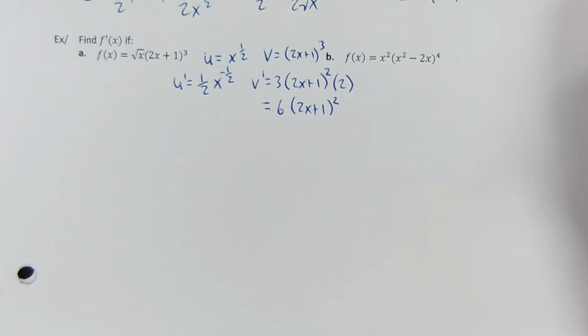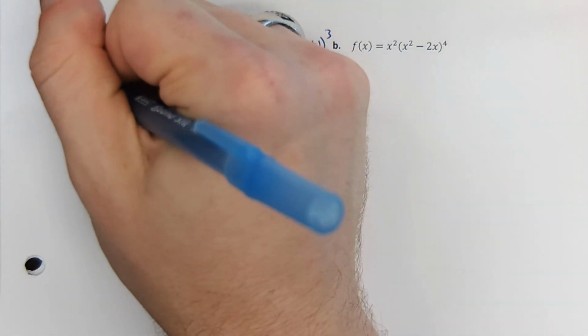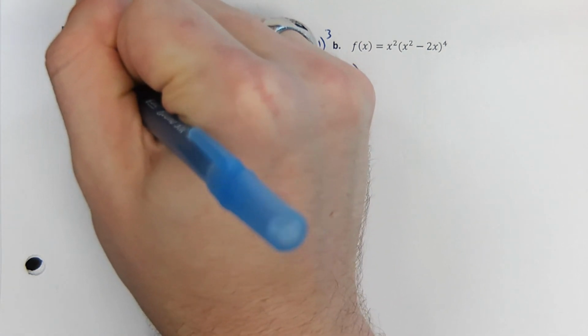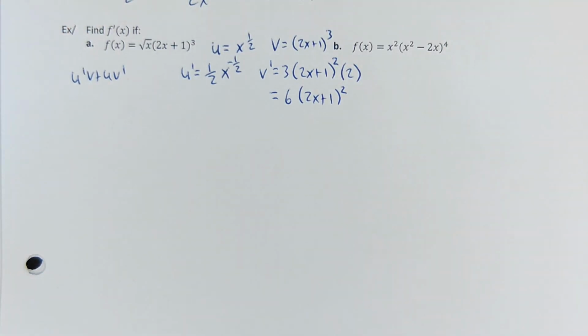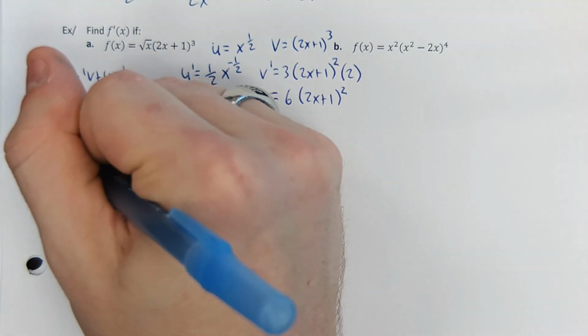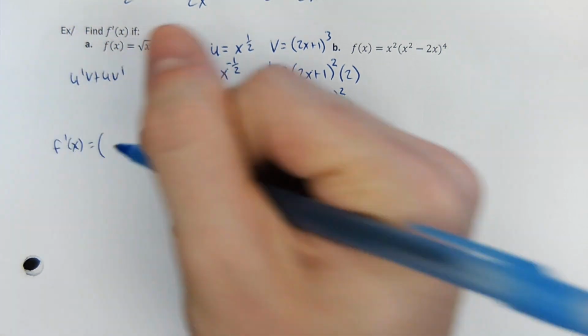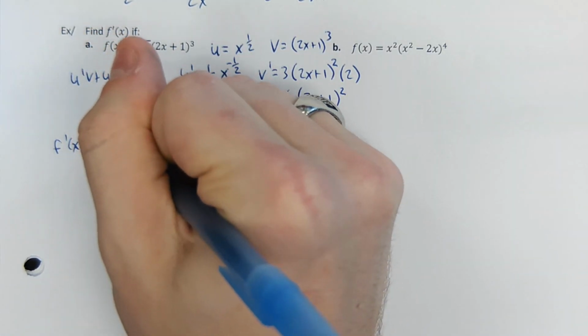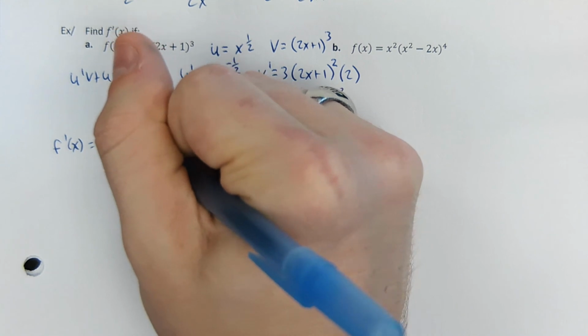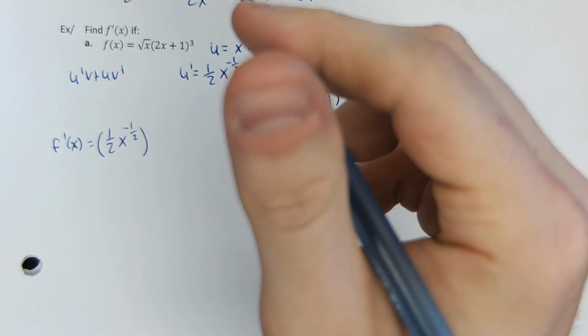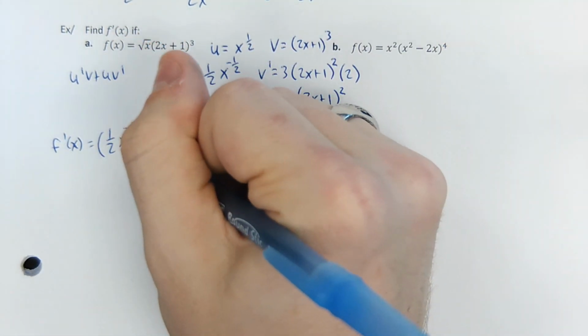But now we have to fill out our product rule, u prime v plus u v prime. Here we go. F prime of x equals u prime v.